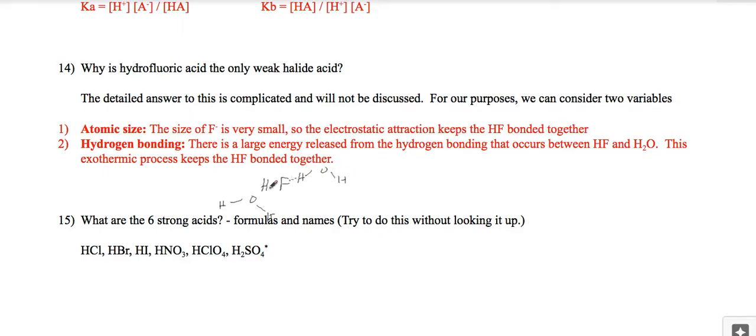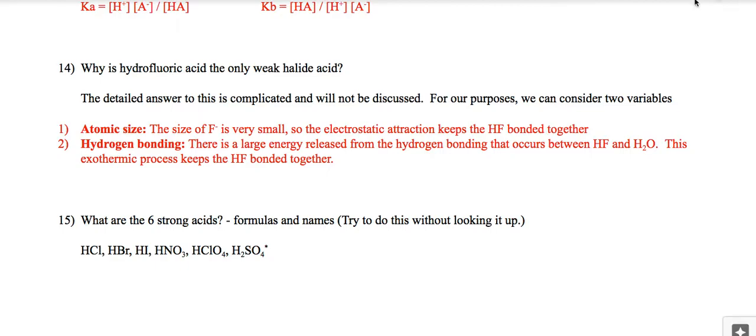And there are these attractive forces between those different molecules. They aren't bonds, right? They're just intermolecular forces. And it turns out that that releases a lot of energy, and that helps keep the hydrofluoric acid bonded together as opposed to dissociating. And the greater detail of why this is the case is beyond what we study in this course.